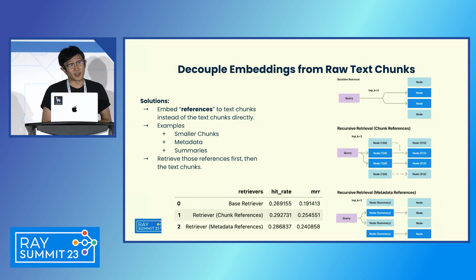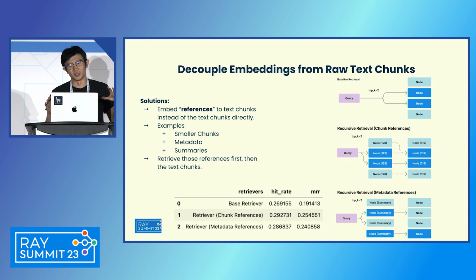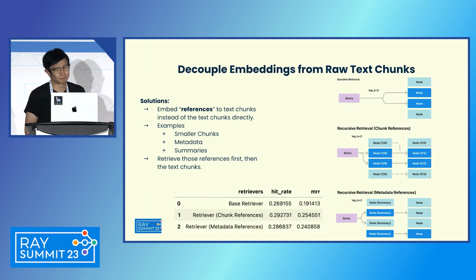It could be an extracted summary. It could be a set of LLM-generated questions that you might want to ask the chunk, so hallucinated questions given the chunk itself. So you retrieve those references first, and then link to the actual text chunks that go into the language model during synthesis.